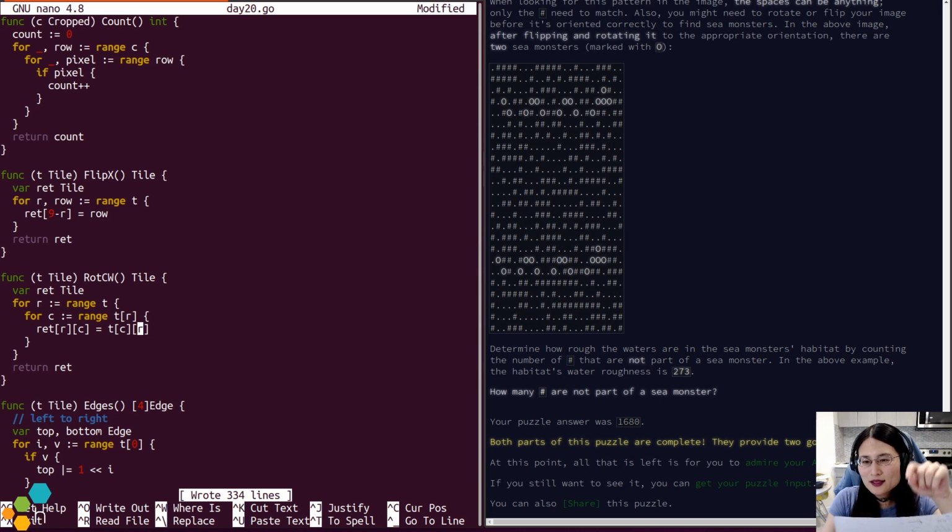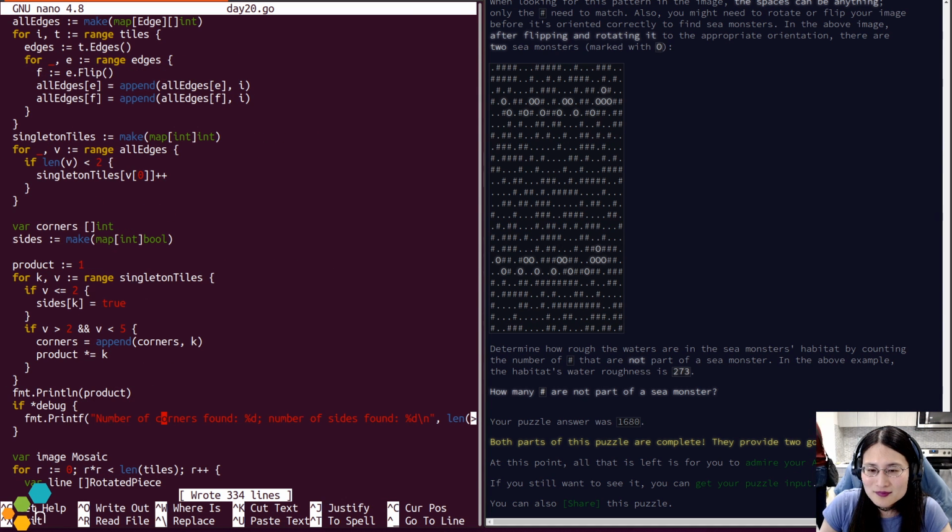So if I'm trying to read the value at row 0, column 0 of the rotated tile, then I believe the new column value is still going to be, if I'm interested in row 0, column 0, I wind up getting row max minus C. And then, yep, okay. I think this is correct. So now, let's see if we can handle the rest of this.